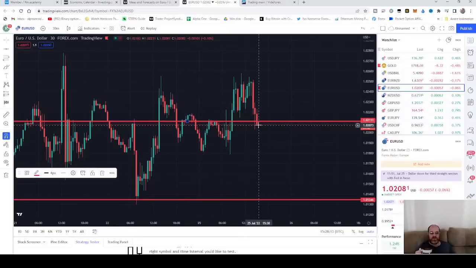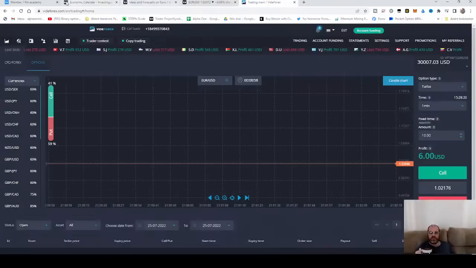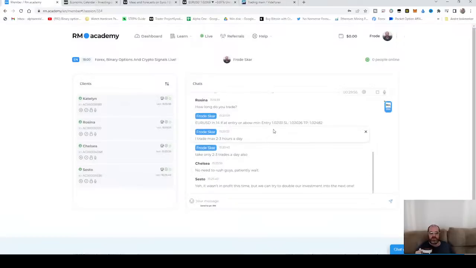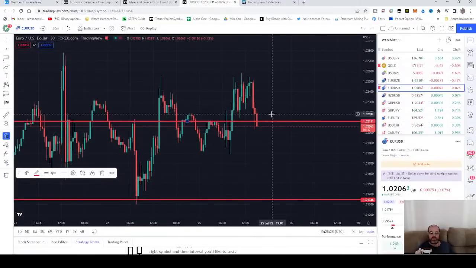We can't enter on this bar because we need to be above here to take it. So let's see what entry I did put in. We did hit 131.2-1. So yeah, our entry will be up here.